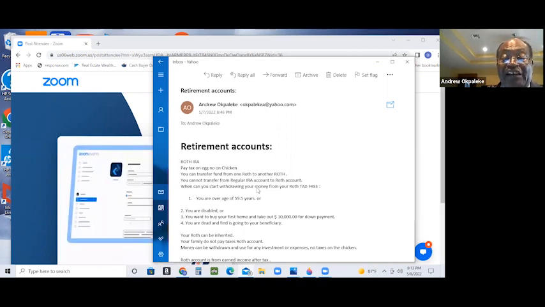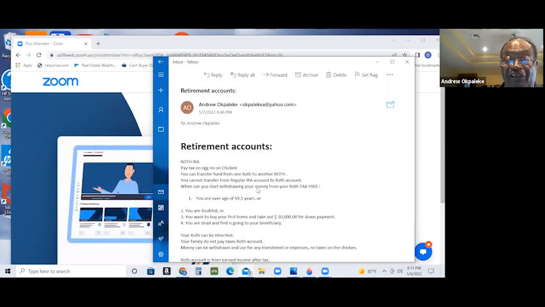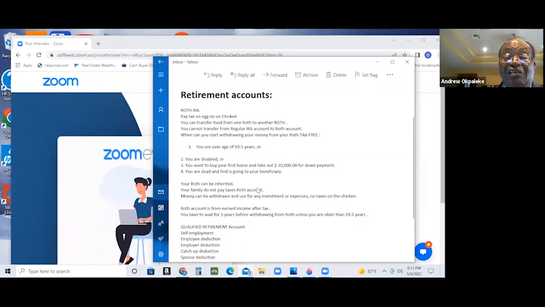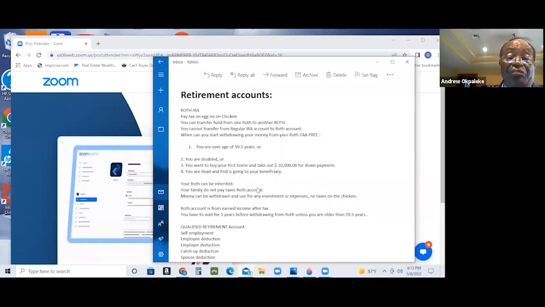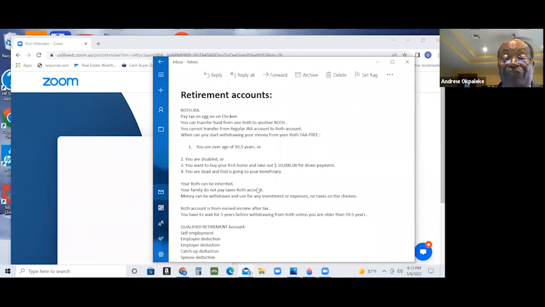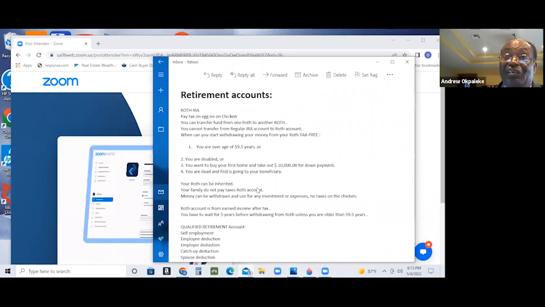Okay, then the next thing we have is the Roth IRA. If you open up a Roth IRA, when can you start withdrawing money?